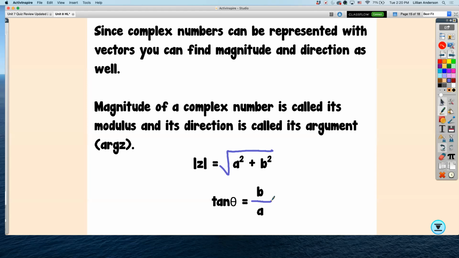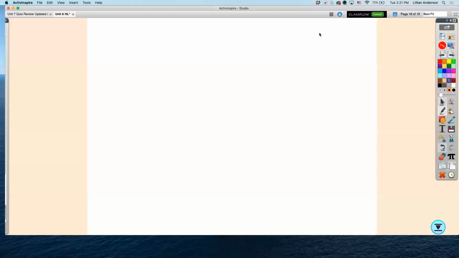A few properties that I should have had you guys write down can be helpful. I'm going to write them down by hand on the next slide after you get this. Here's a few properties, okay? These vertical bars represent the modulus. So the modulus of your complex conjugate is the same as the modulus of your complex number.